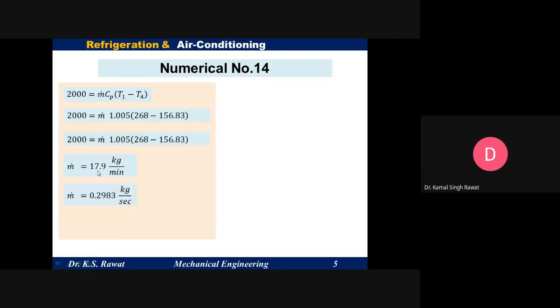So this is our answer, and we can also convert this mass flow rate into per second. If we divide this 17.9 by 60, we will get the mass flow rate in kg per second, which is 0.2983. And in the question, the examiner asked for the mass flow rate in kg per minute. So this is our answer.